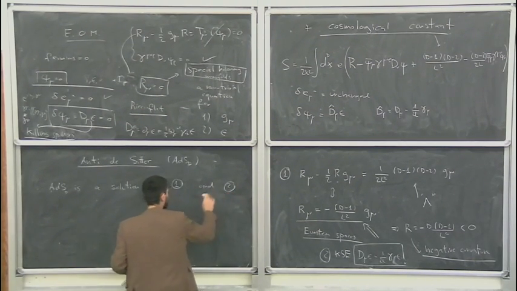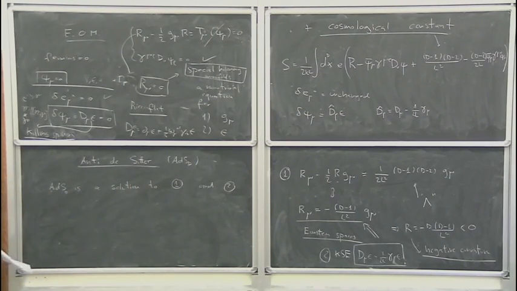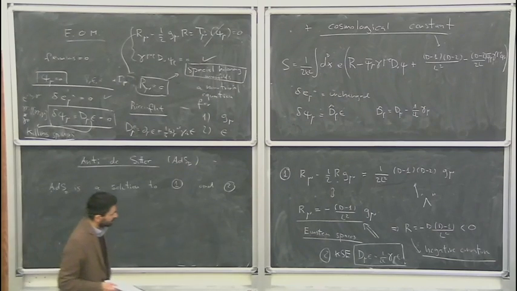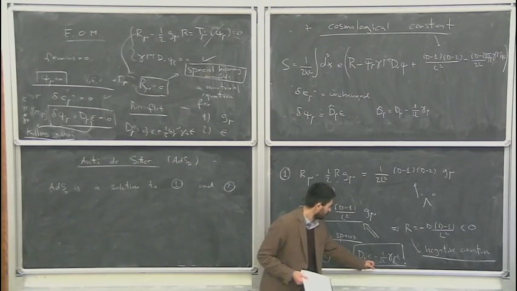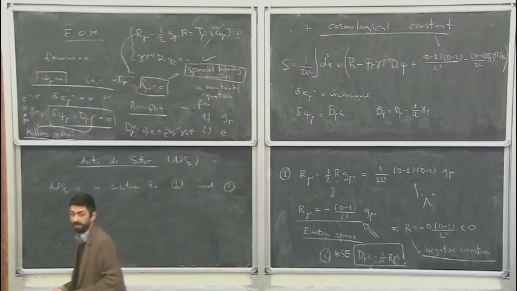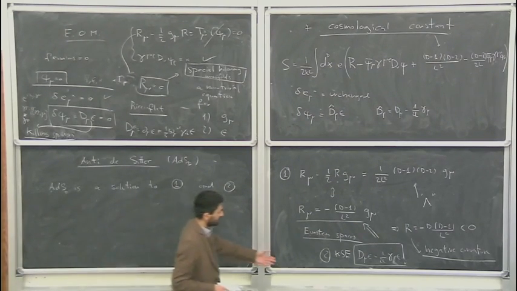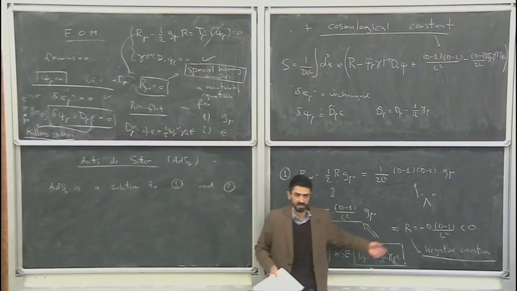Actually, to show that it solves 2 is much more involved. So I'm not asking you to check that, but it's possible to find explicitly the spinors epsilon in any given dimension. So to do this computation, as usual, you pick a dimension because you have to write explicit gamma matrices. So let's say you are in 4 dimensions. Then you write this equation here with some 4x4 matrices and so on.